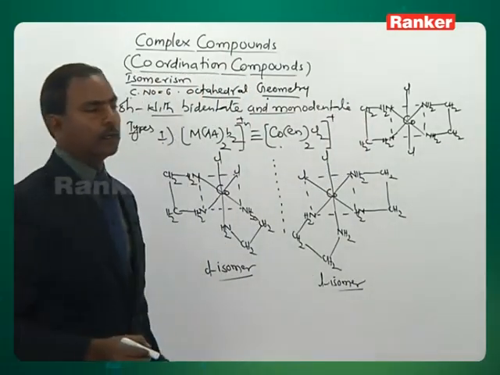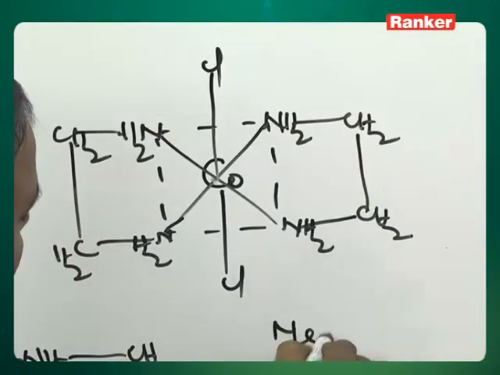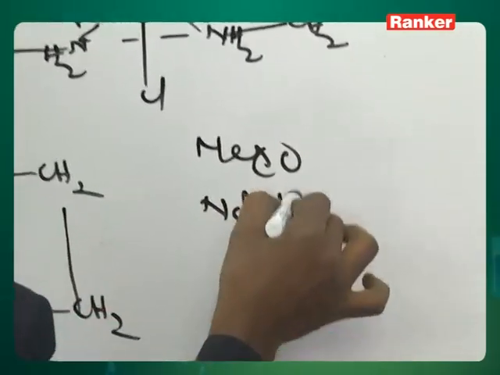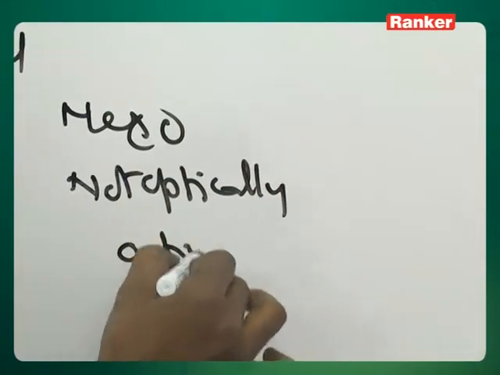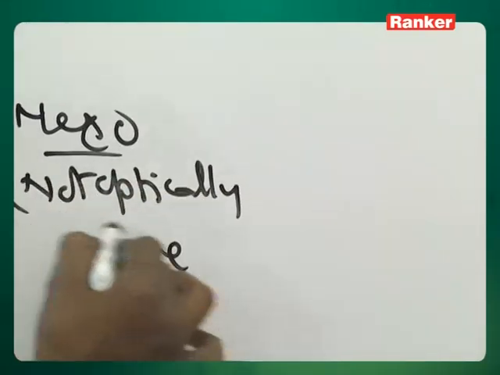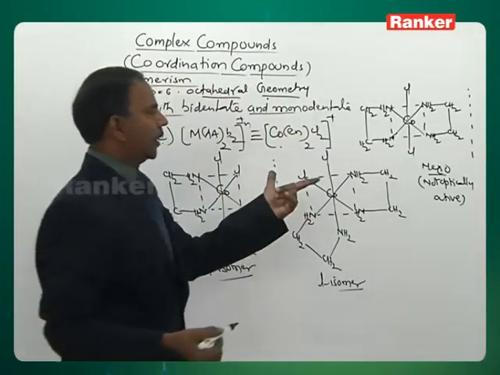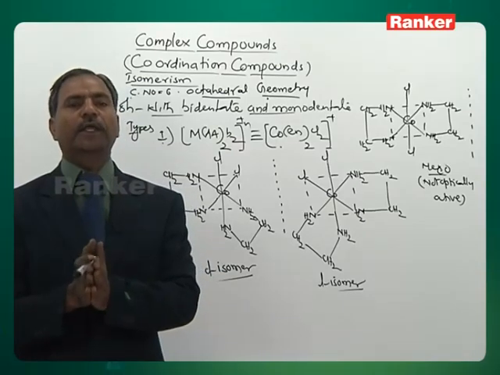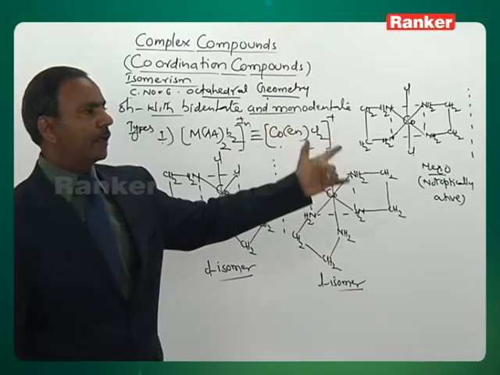This is optically inactive. This is trans, but this is what we can take as meso. Meso, not optically active. So, getting a mirror plane, check it. Then you are getting a superimposable mirror image. Therefore, that is optically inactive.